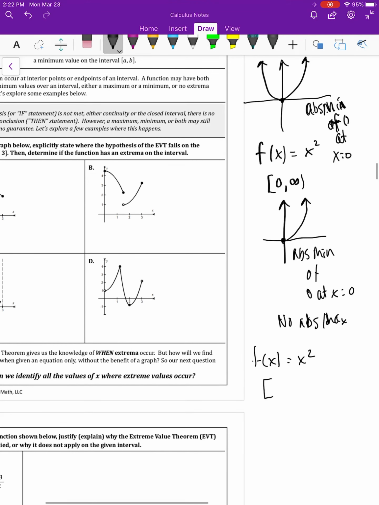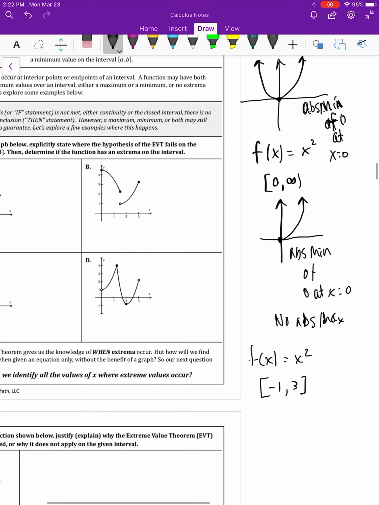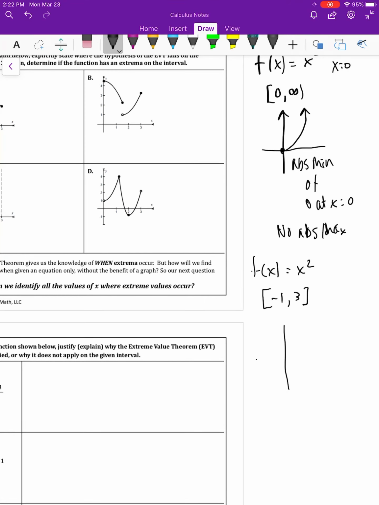But if we take f of x equals x squared and we look at it on a closed interval, let's say from -1 to 3, that is a function on a closed interval. The extreme value theorem guarantees that it will have an absolute max and an absolute min. So we're only talking about it being continuous on a closed interval here. And you can see that your absolute min is 0 at x equals 0, so it's on the inside of the function.